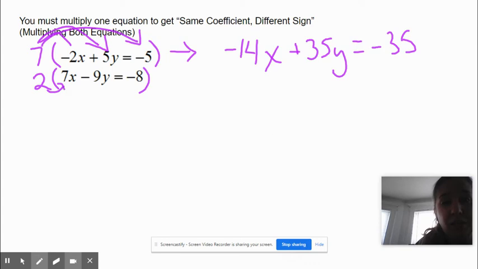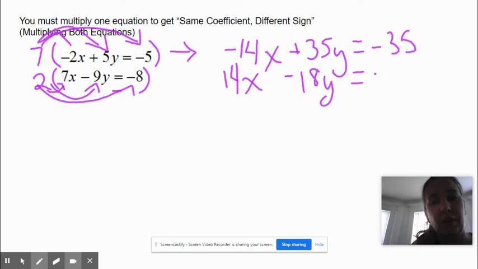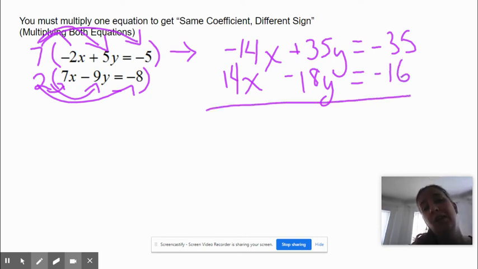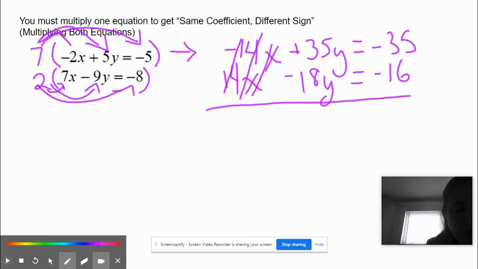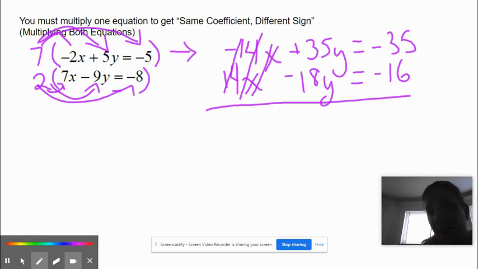2 times 7 is 14x. 2 times negative 9, that's negative 18y. So in these kinds of problems, you're going to sort of end up with bigger numbers. That's okay. Cool. So now my 14s cancel, which is awesome. Okay, and then 35 minus 18, right?